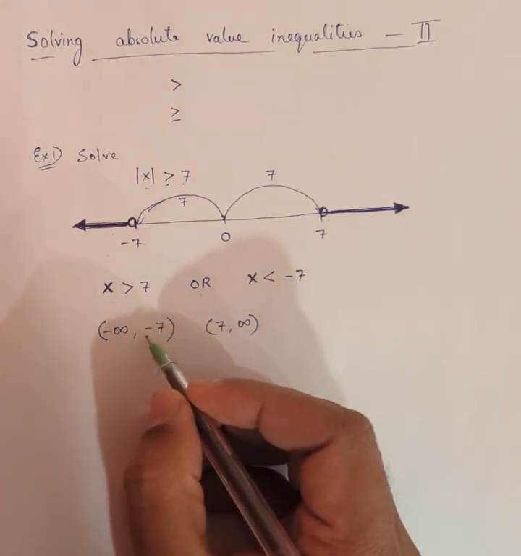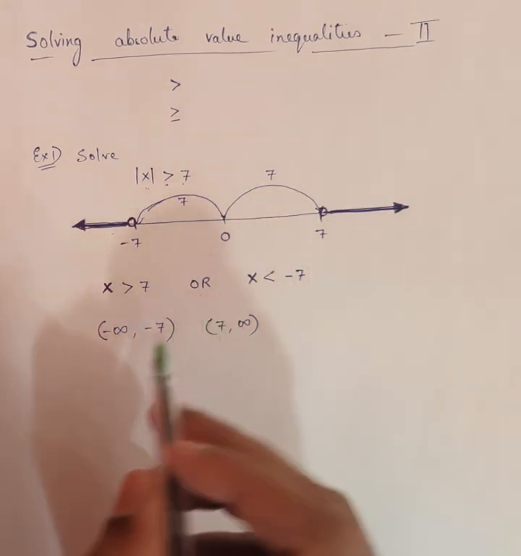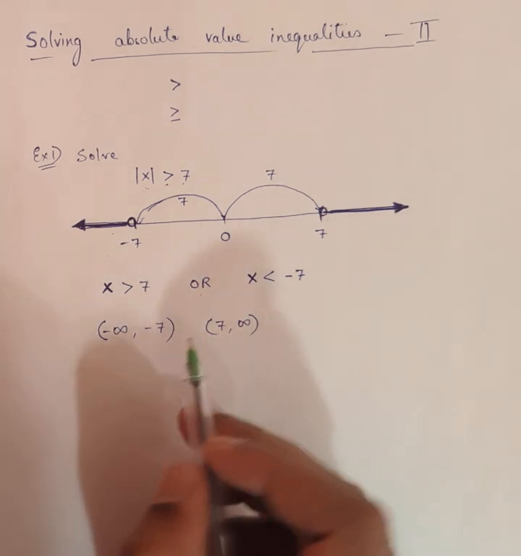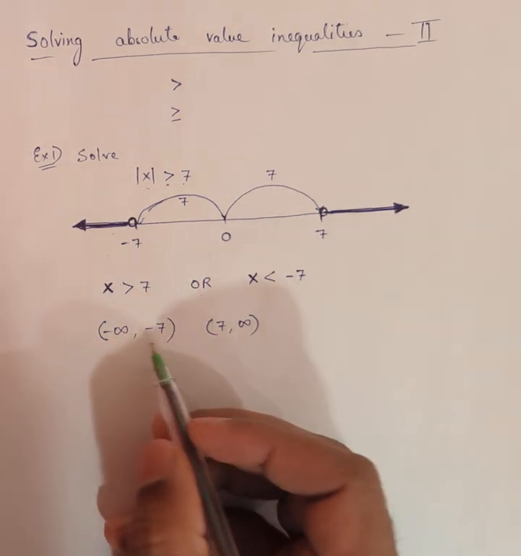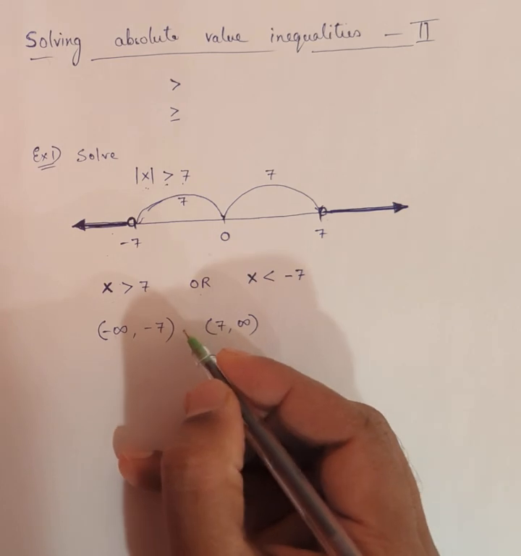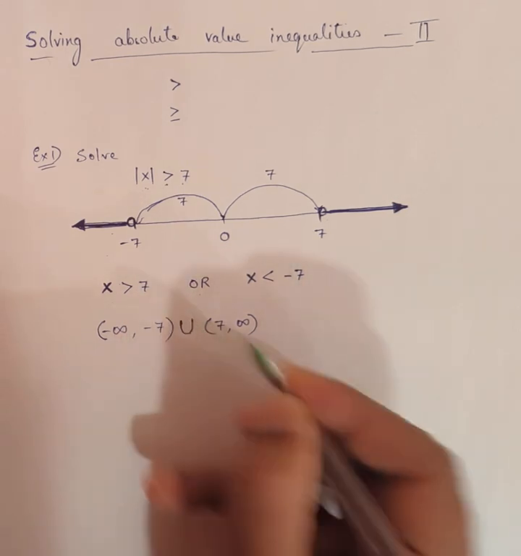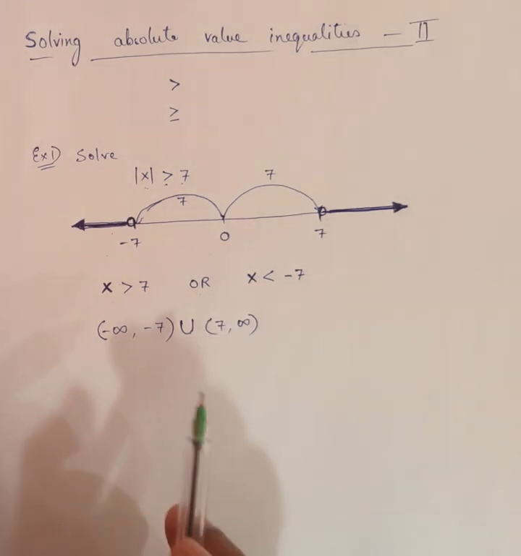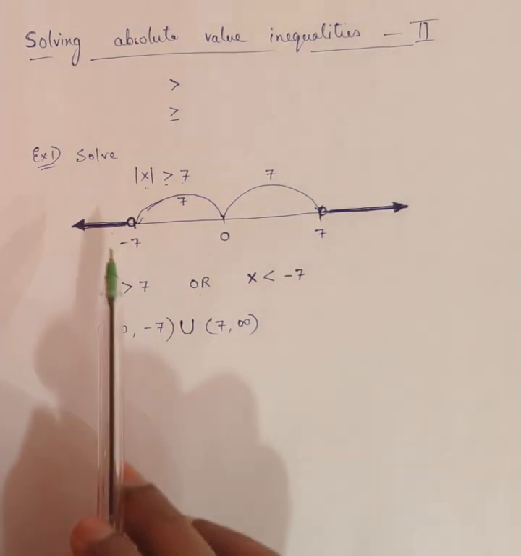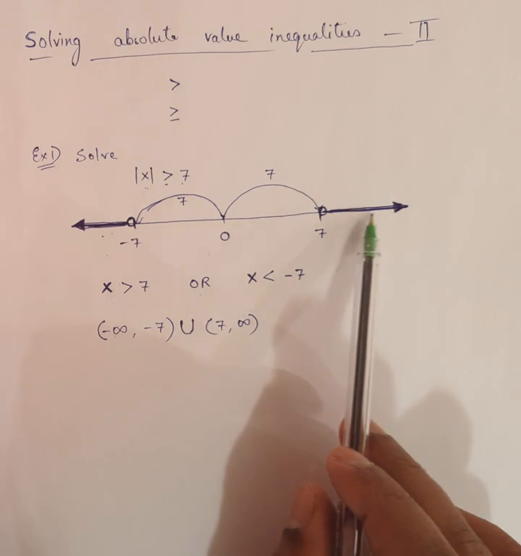And then you don't say it's this and this, or it's this plus this. When it comes to sets, you use this symbol, U. It stands for union. You say that your solution is the union of this set and that set.